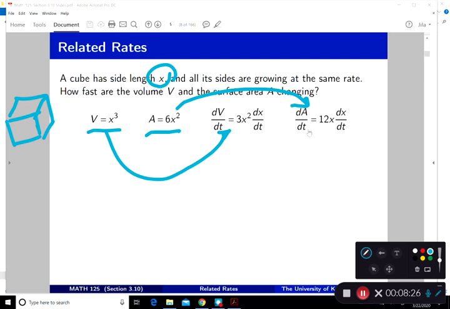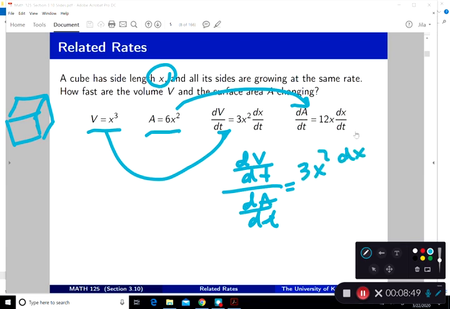Now, if I'm looking at these two, I actually see that the two of them are related. How are they related? If I divide dV/dt over dA/dt, then I'll get 3x squared dx/dt over 12x dx/dt.